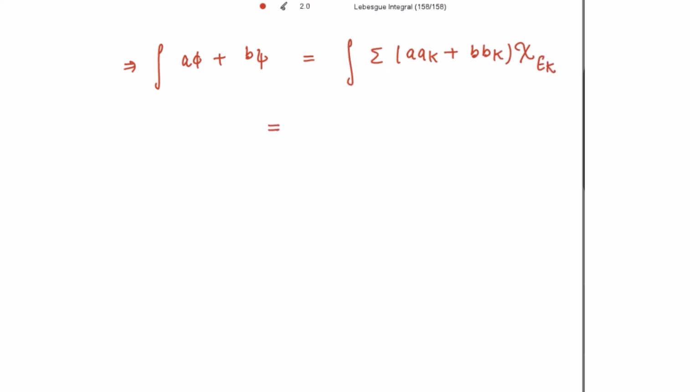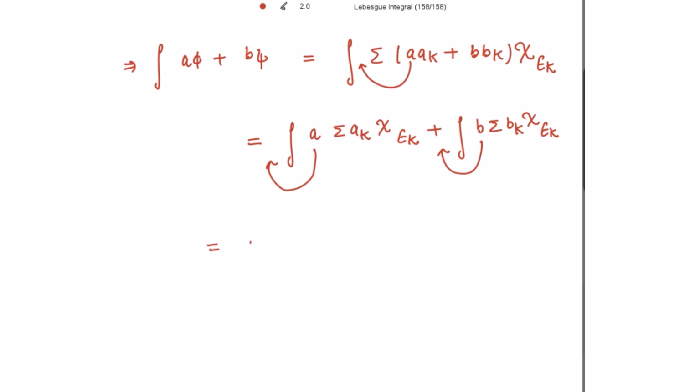So that is equal to, taking the constants outside, a times the integral of the summation of a_k chi E_k plus b times the integral of the summation of b_k chi E_k.